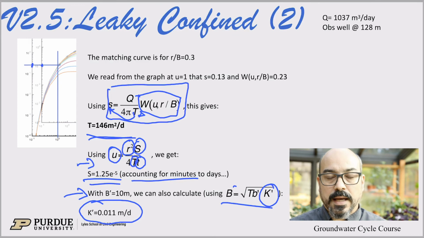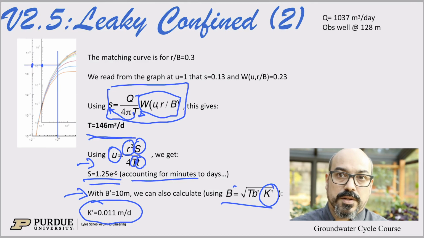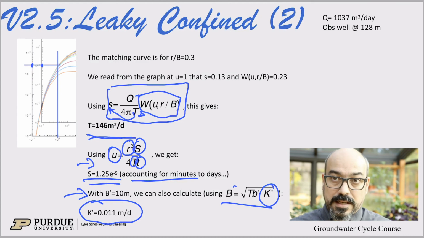And again, notice how this is pretty low, right? This is a hydraulic conductivity that is impeding the flow. That's why it's a semi-confined aquifer, because that top layer is still pretty impervious. It doesn't let a ton of water through, yet it does let some water through, and that's why we have all that complication.